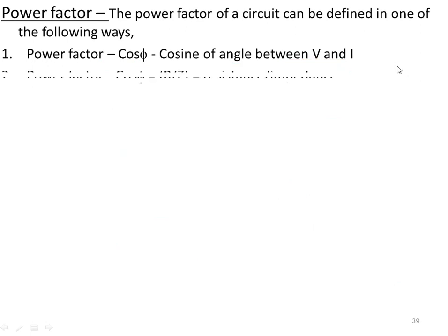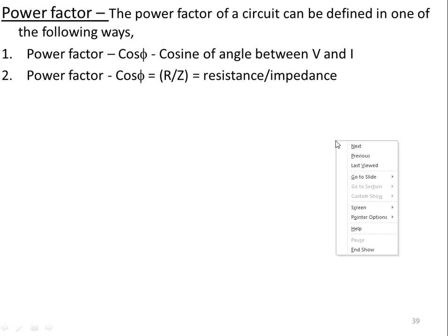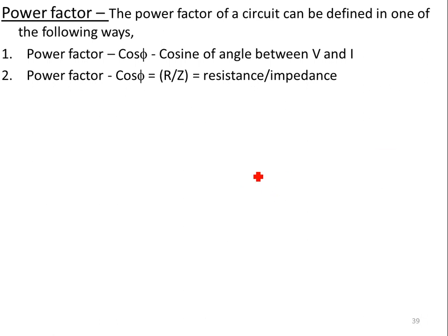The second definition: power factor is given by resistance by impedance. It is taken from the impedance triangle. If you consider the impedance triangle of an RL series circuit, resistance is the horizontal component, inductive reactance XL is the vertical component, and here you get phi.